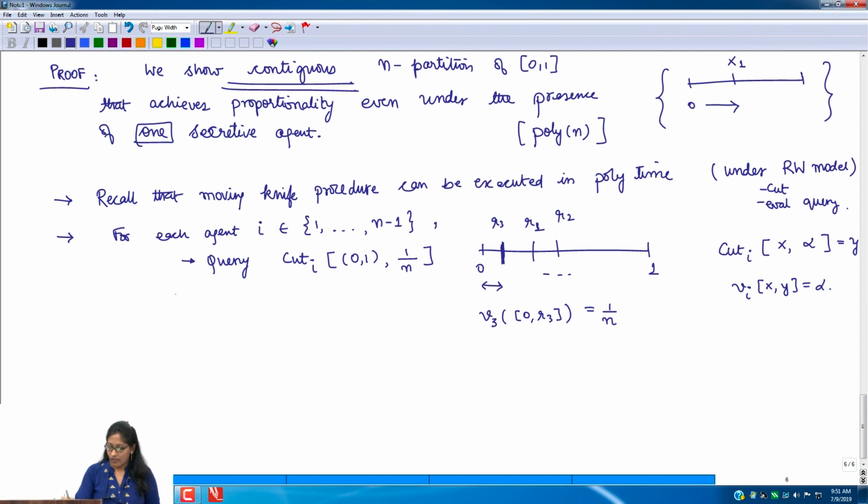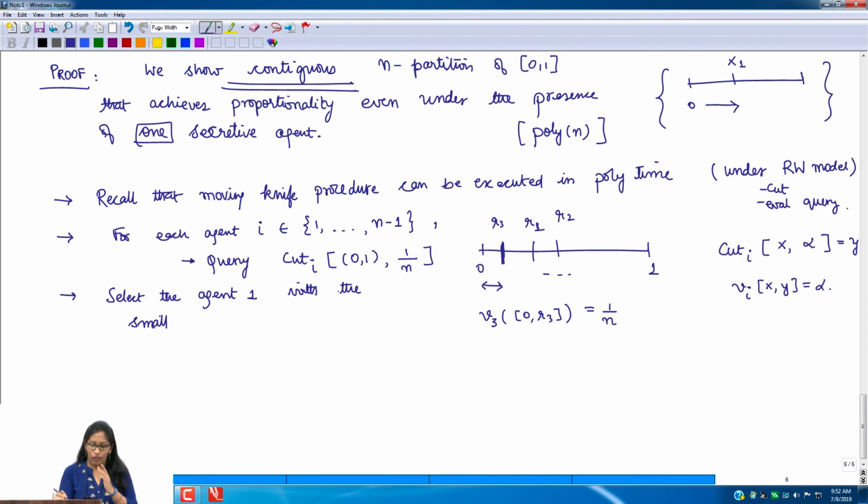So you select, let's say, agent 1, I'm re-indexing the agents, with the smallest cut, by which I mean the first cut from the left.